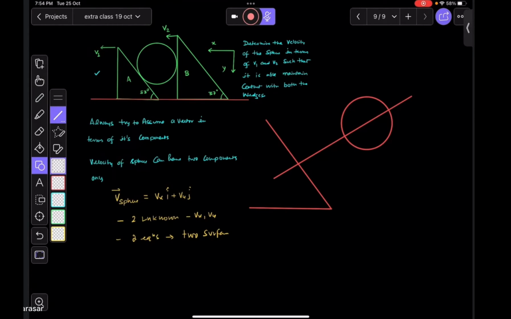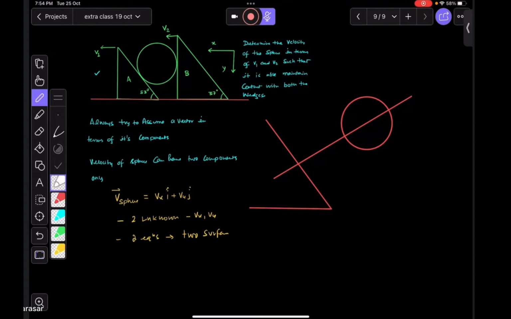So what we are told is that our wedge A is moving with V1 in the leftward direction, correct? So if I have a rigid body, maybe this pen, doing translational motion, means not rotating, just moving, in that case every point is going to have the same velocity, even the point of the wedge that is making contact with the sphere.